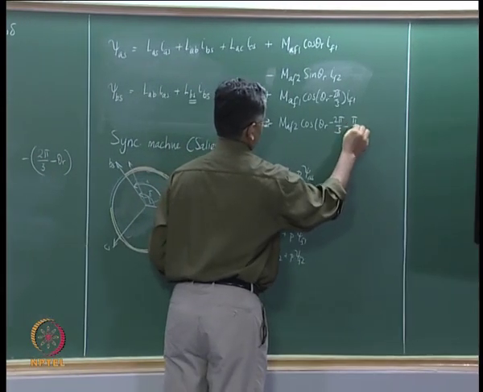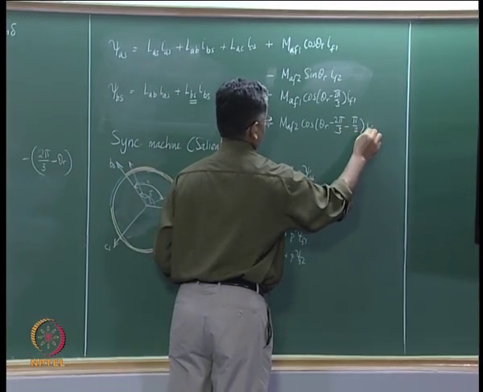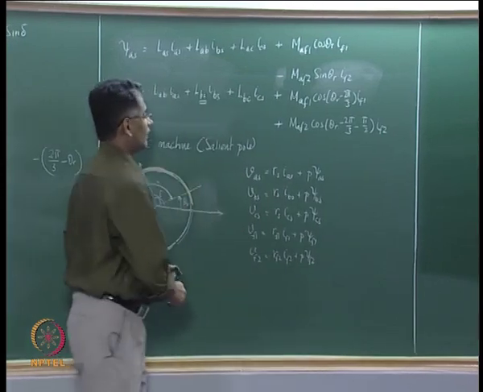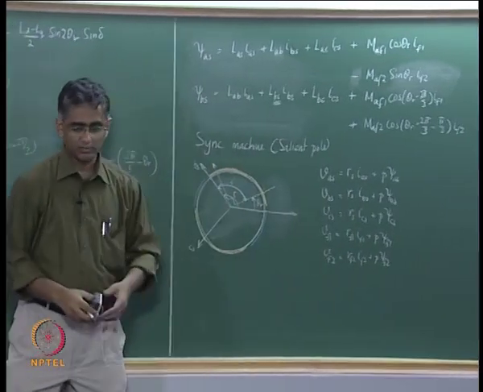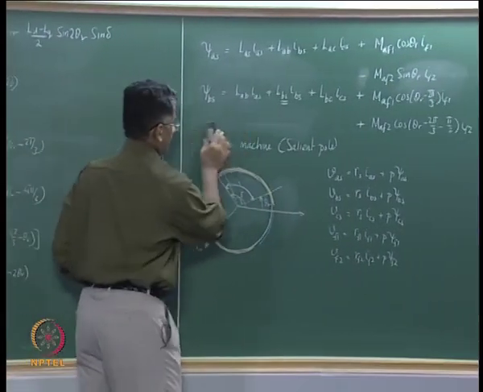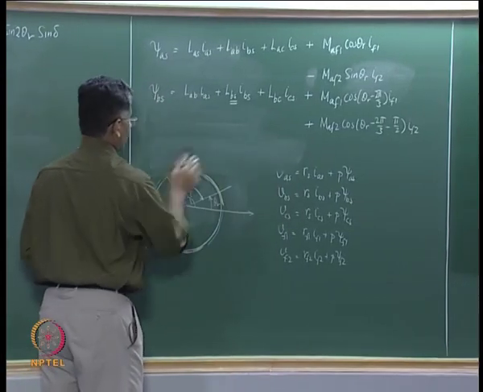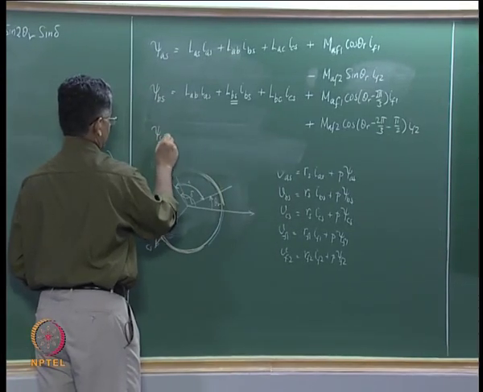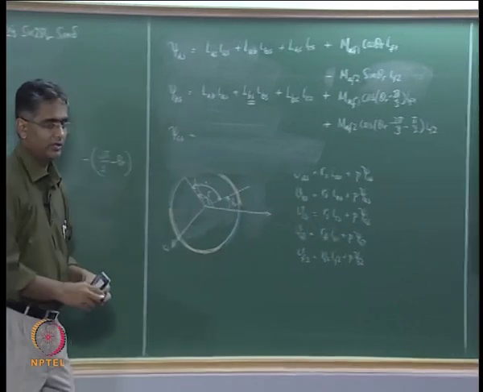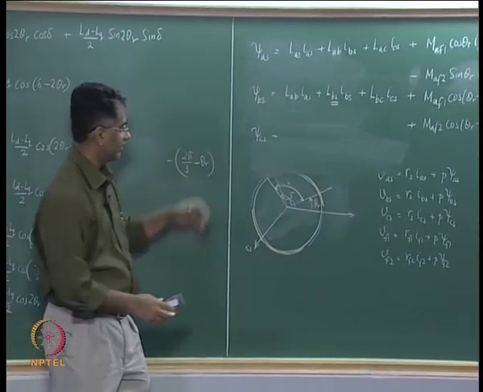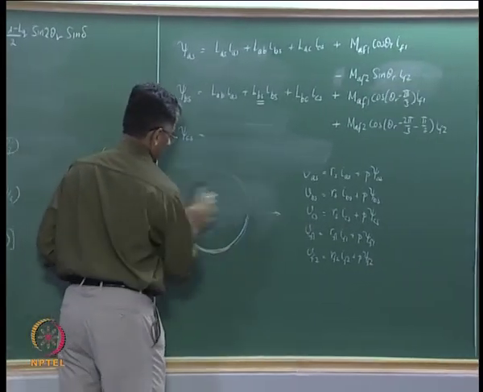So, minus pi by 2 times IF2, that can further be simplified. And similarly one can write the expression for psi Cs as well. I will leave it to you as an exercise to derive the expression for psi Cs.